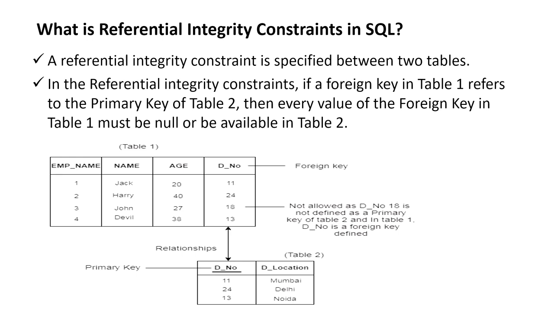Table 1 has employee name, age, department number, and table 2 has department number and department location. So department number in table 2 is a primary key and department number in table 1 is a foreign key. So see in table 1, 18 is not allowed here because this number 18 is not available in the primary key column in table 2.